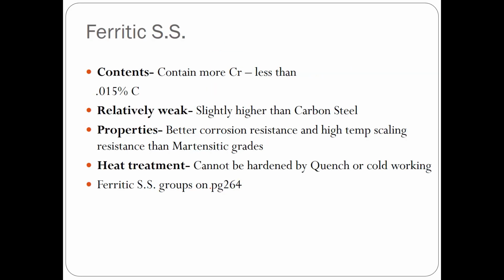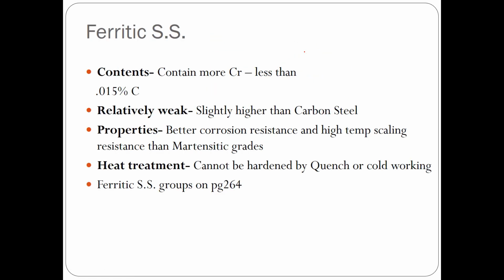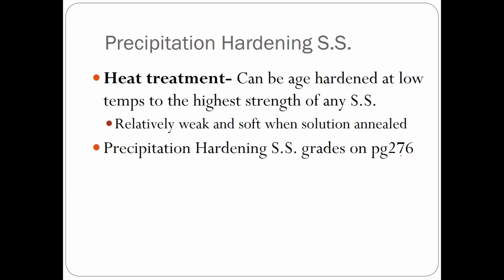It's got some different types of stainless steels, starting with martensitics. The designation chart for martensitics is on page 268. On 269 for our ferritic stainless steels. 272 for our austenitic stainless steels. 276 for our precipitation hardened stainless steels, which are broken down into 3 categories of martensitic, semi-austenitic, and austenitic.